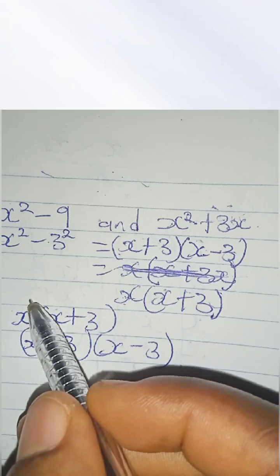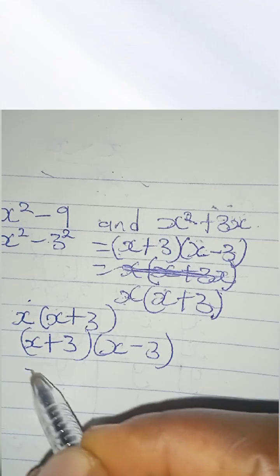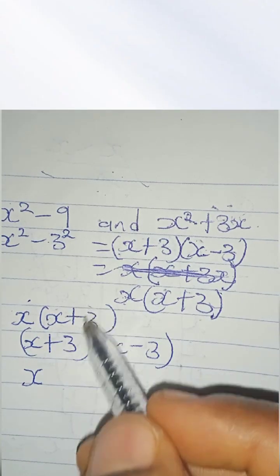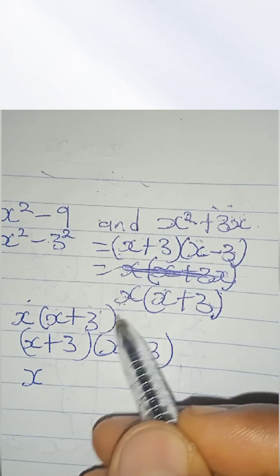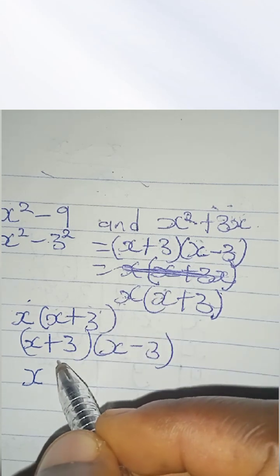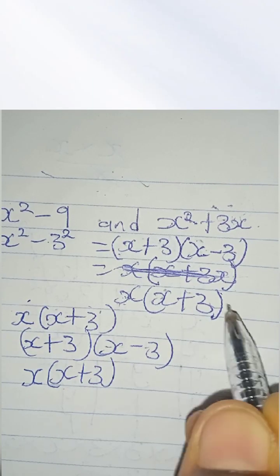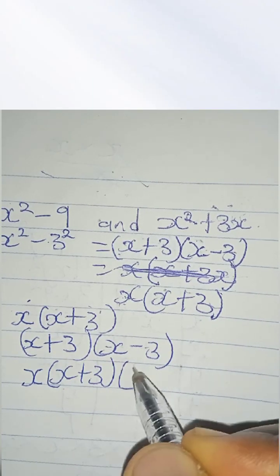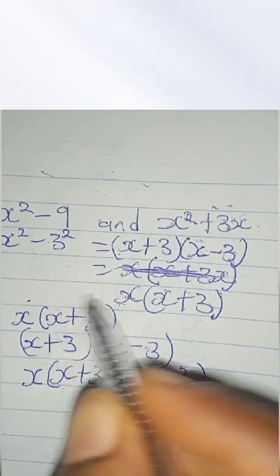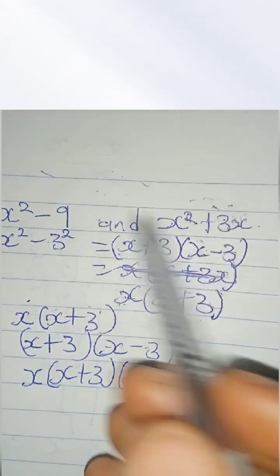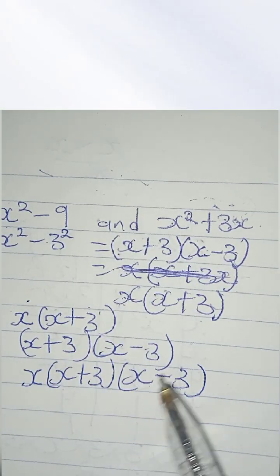I have one s. I have s plus 3, but only one power, so bracket s plus 3. s minus 3 is just one. So the LCM of these two algebraic expressions is s bracket s plus 3 bracket s minus 3.